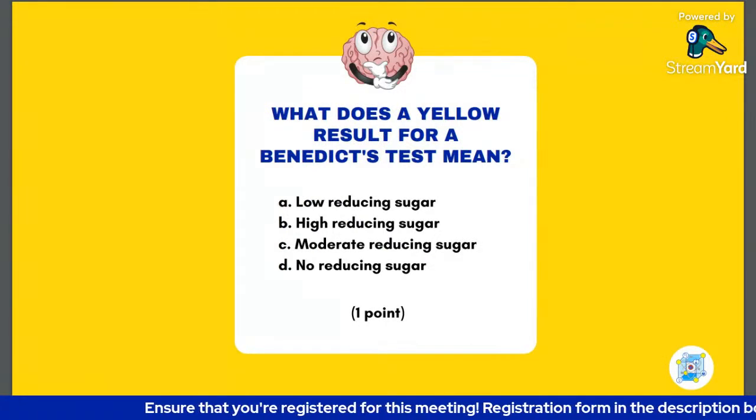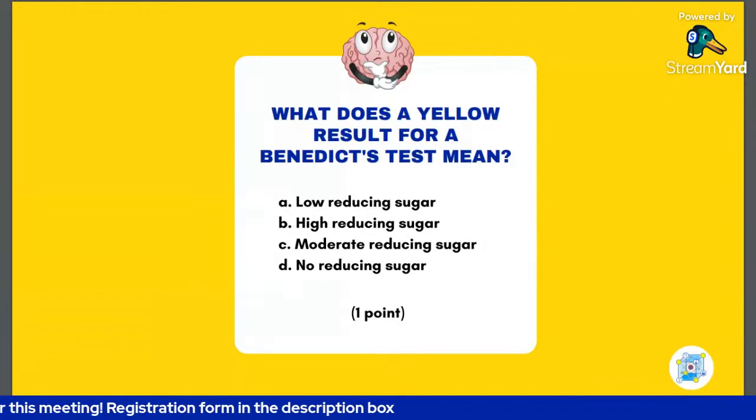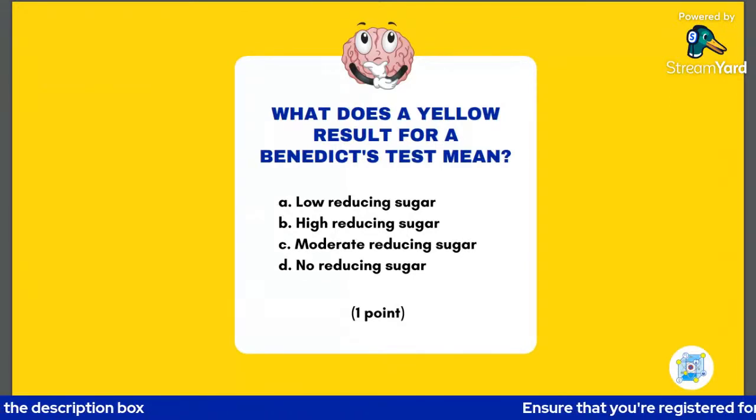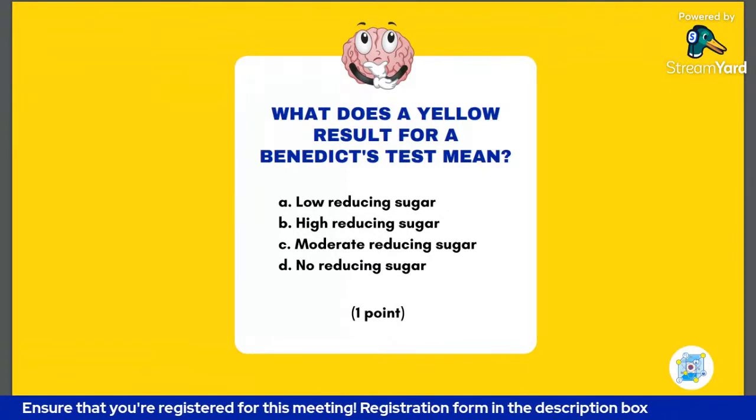What does a yellow result for a Benedict test mean?